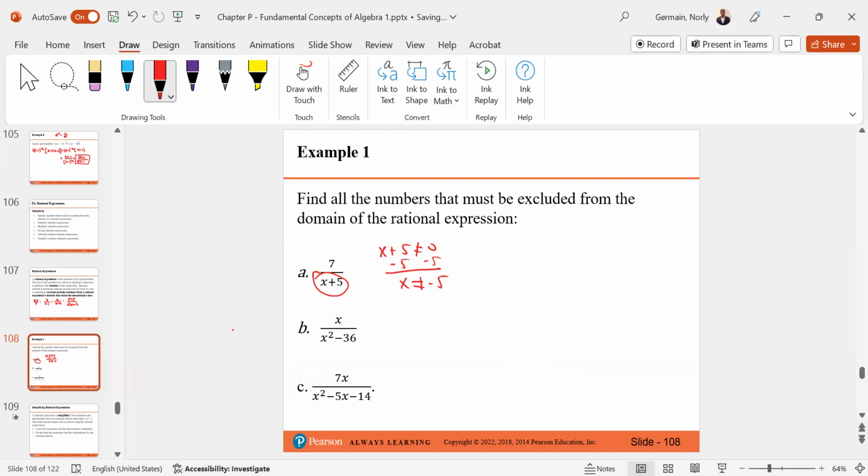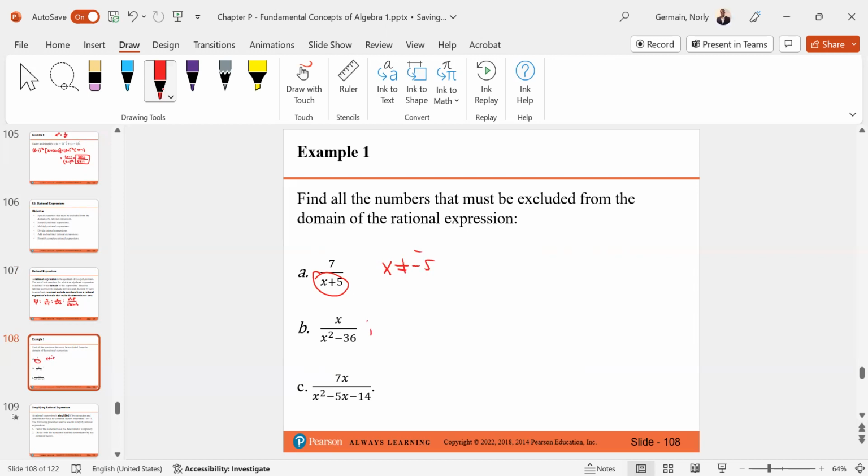So I can say x cannot be equal to -5, or I can simply write it like this: x cannot be -5.